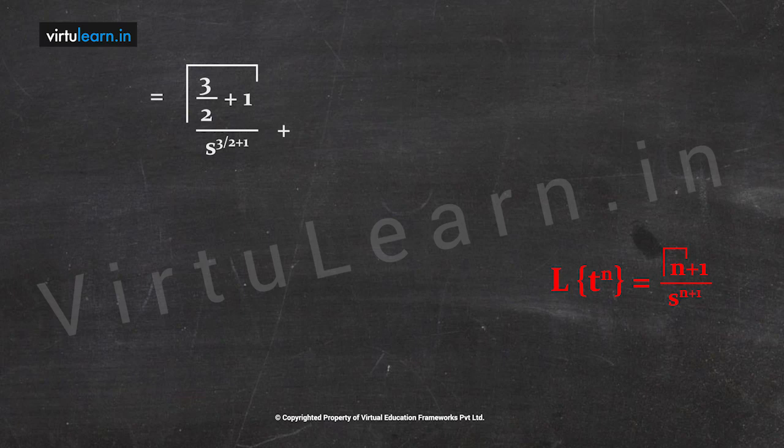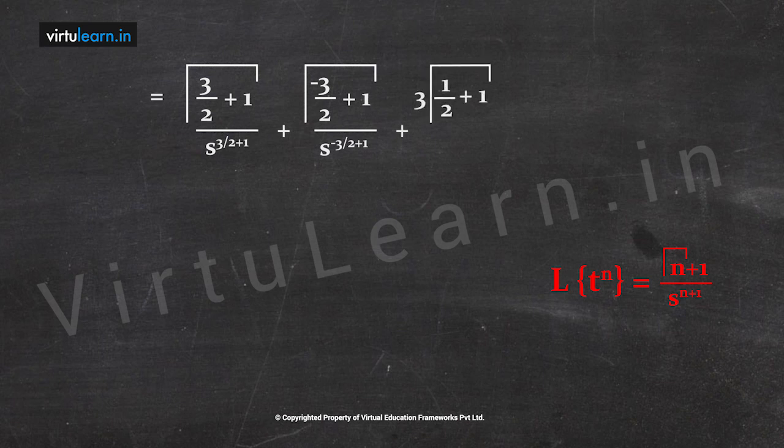So the Laplace transform of t^n, when n is in the form p/q, I am writing here: gamma(3/2 + 1) by s^(3/2 + 1), plus gamma(-3/2 + 1) by s^(-3/2 + 1), plus 3 into gamma(1/2 + 1) by s^(1/2 + 1). Now the last term, 3 into t^(-1/2), gives gamma(-1/2 + 1) by s^(-1/2 + 1).